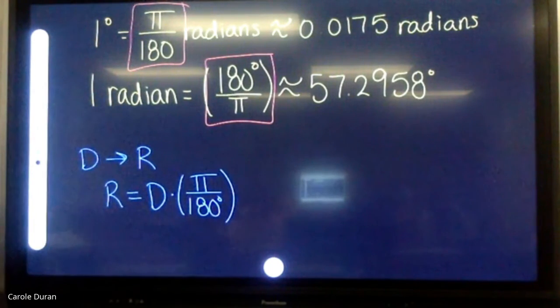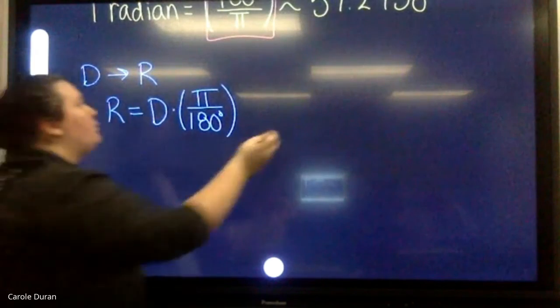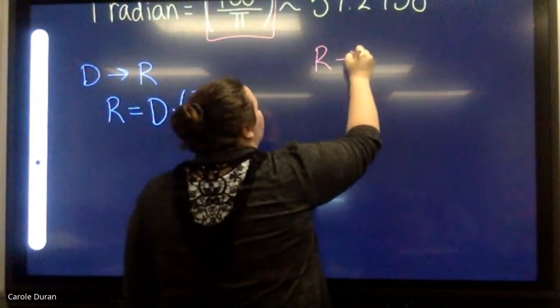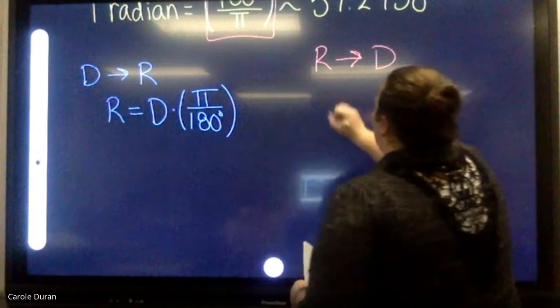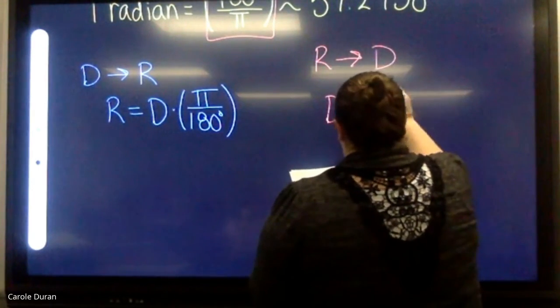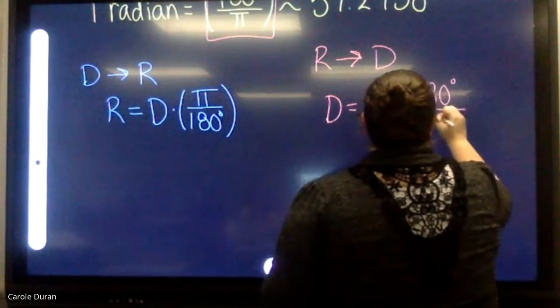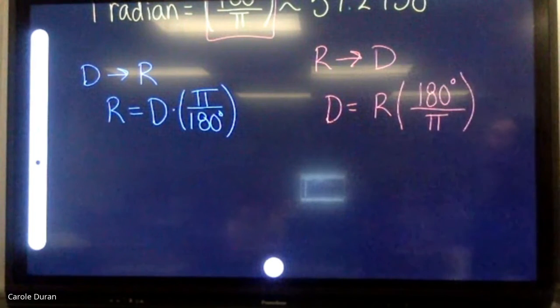And that will tell us the radian equivalent to the degrees that we started with. If we're going the opposite direction, from radians to degrees, then the degree equivalent would be equal to the radian times 180 divided by pi.